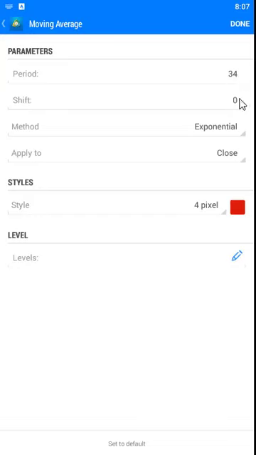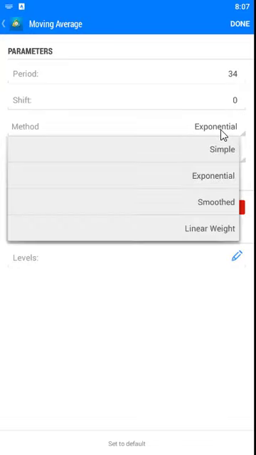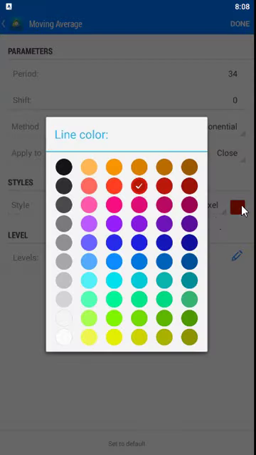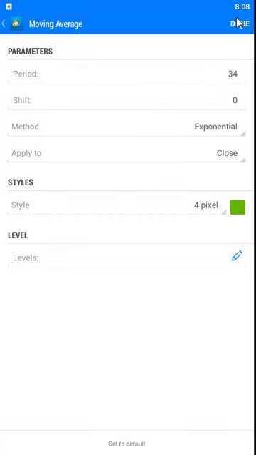So the period should be 34. The shift should be 0. Method should be exponential. Apply to close there. Okay. Then style should be 4 pixels. Color should be a green color there. Then you click on done.